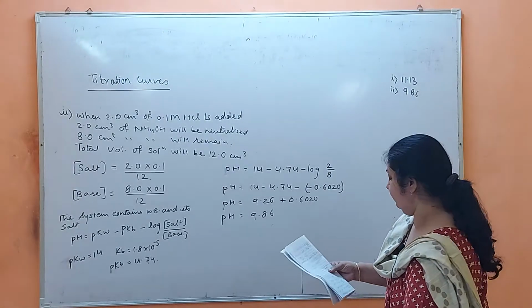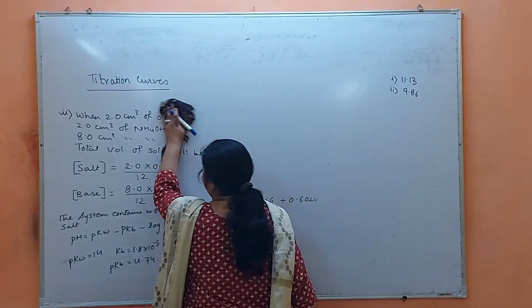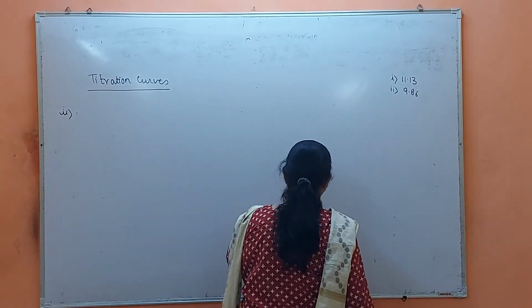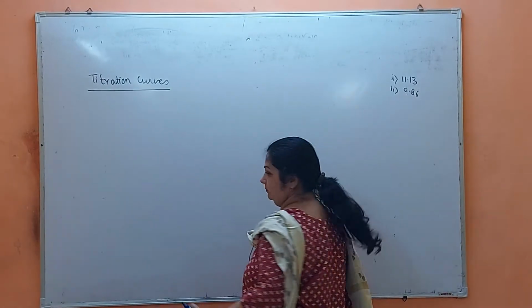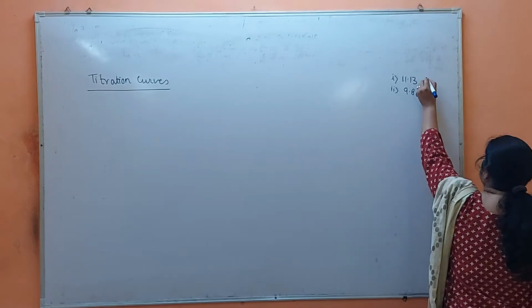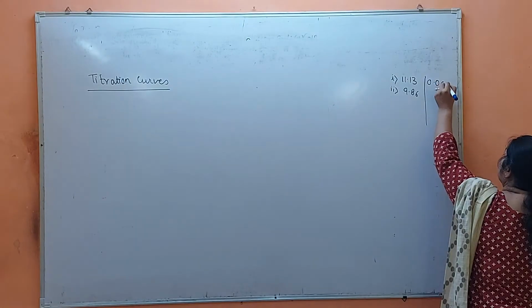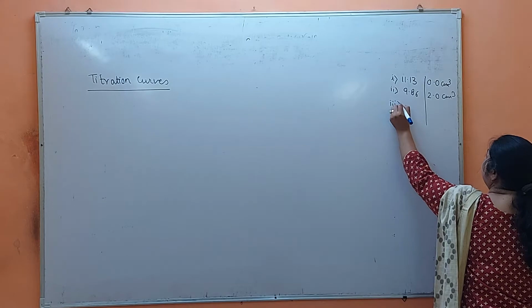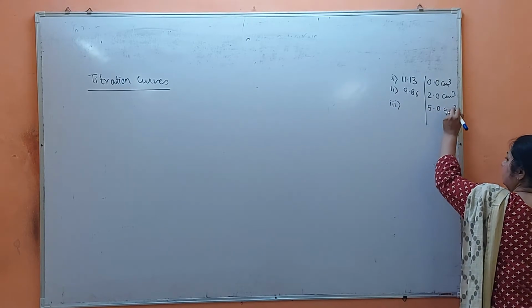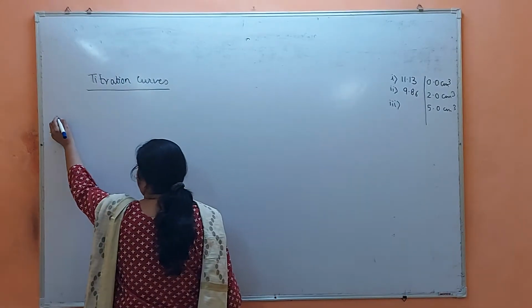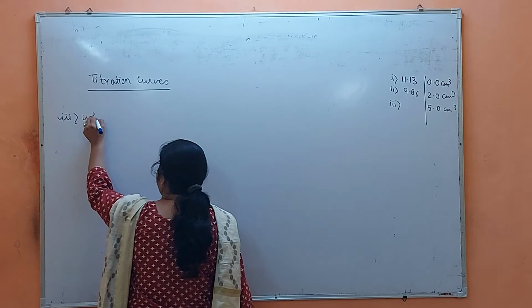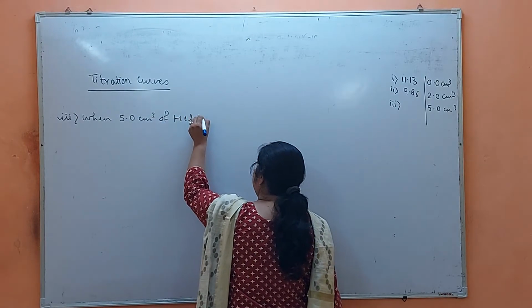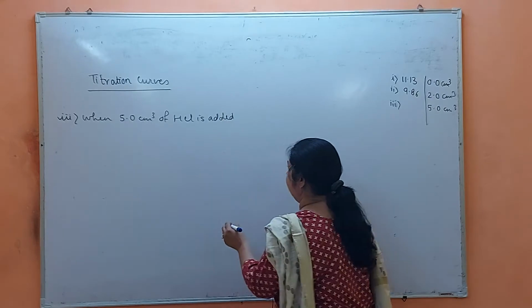Now see the third stage, when 5 cm cube of HCl is added. It is nothing but half the equivalence point.